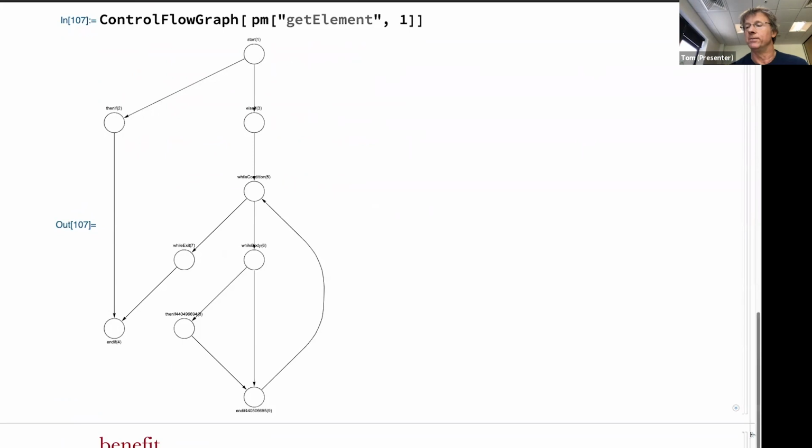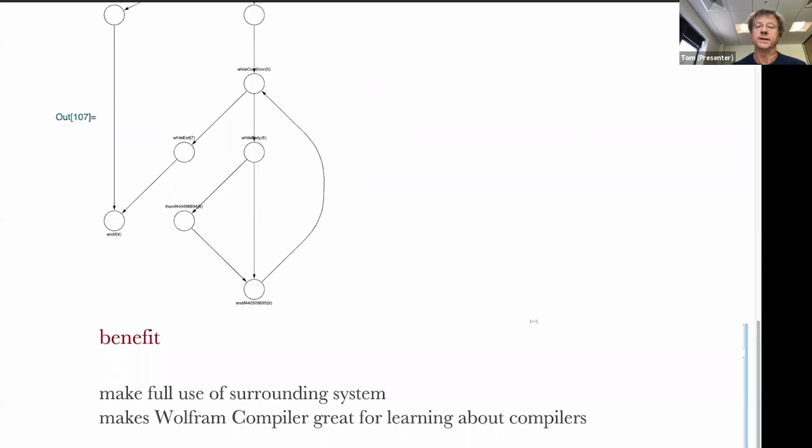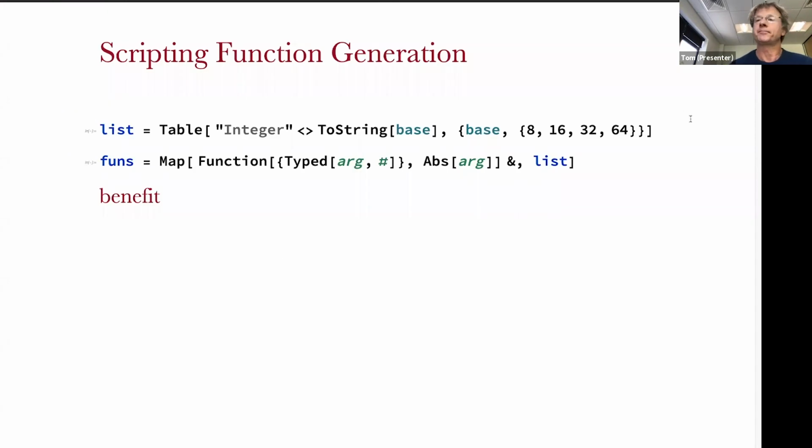This is something that we use an awful lot. We've got all this other stuff in the Wolfram language, so we're able to use that in order to develop the compiler and to enhance and gain insight and knowledge. And this makes our compiler, the Wolfram system, pretty useful for learning about compilers and developing them.